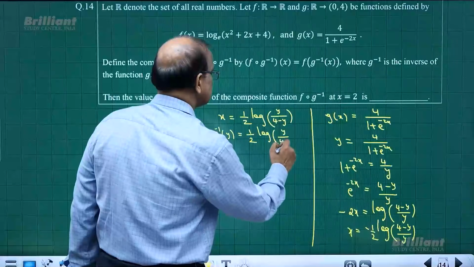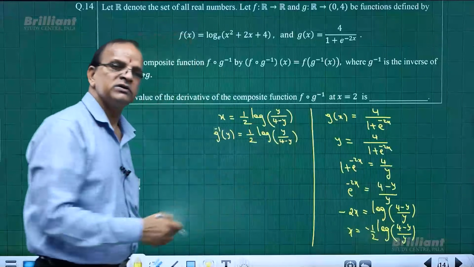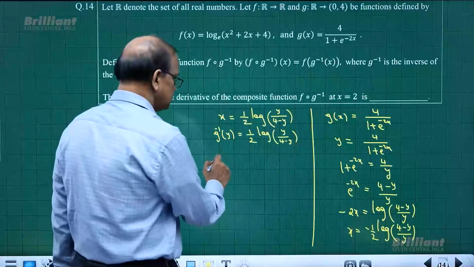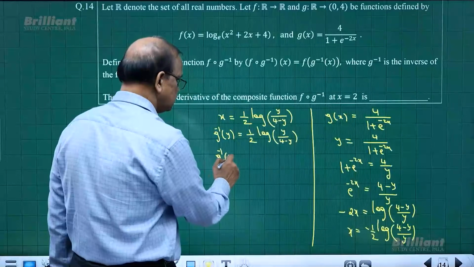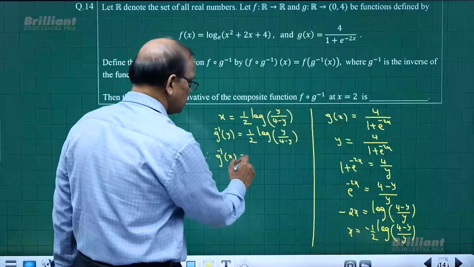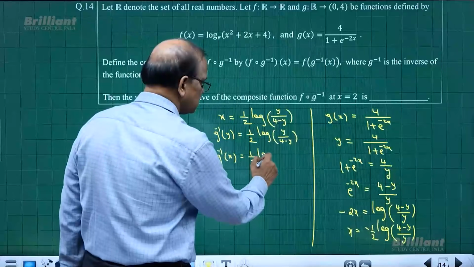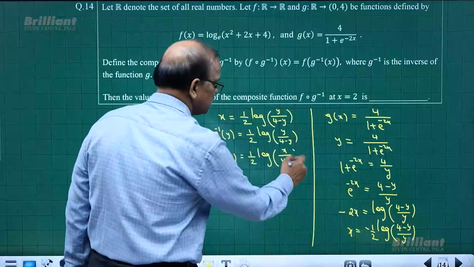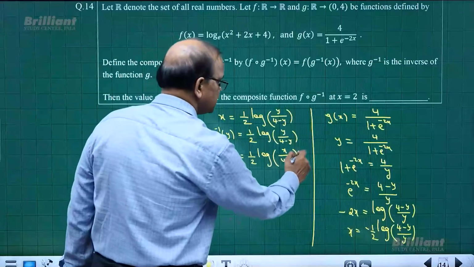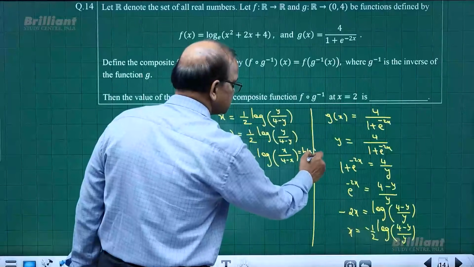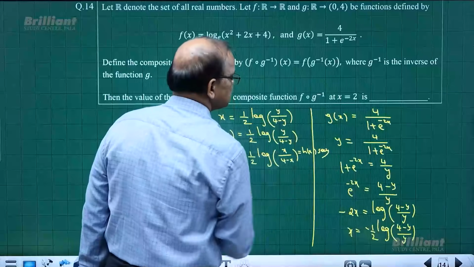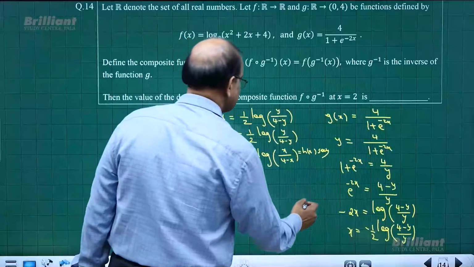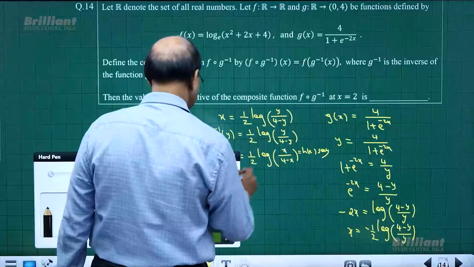Then change y to x, we will get g inverse x. So, g inverse x is equal to 1 by 2 log of x by 4 minus x. Okay, you call it h of x, say h of x, this is h of x.